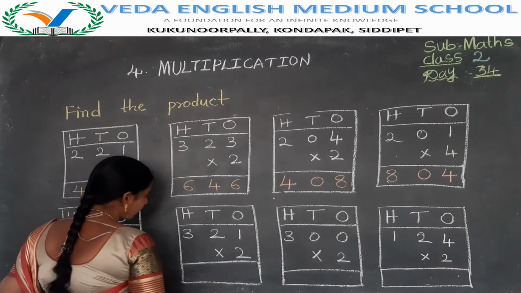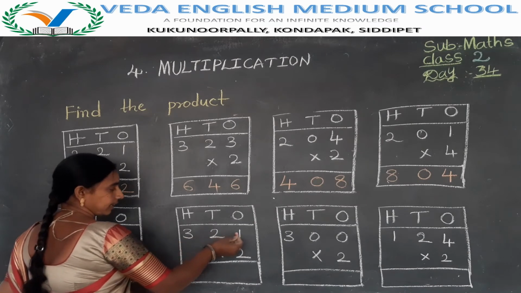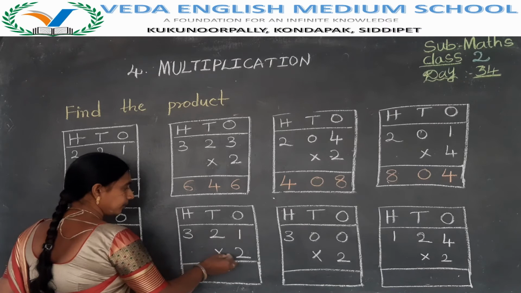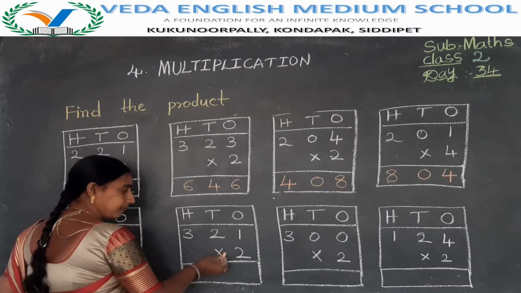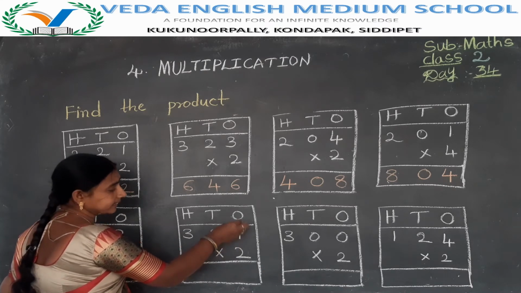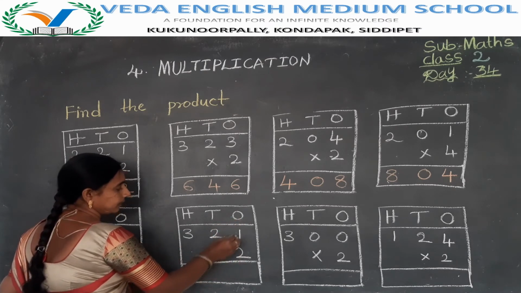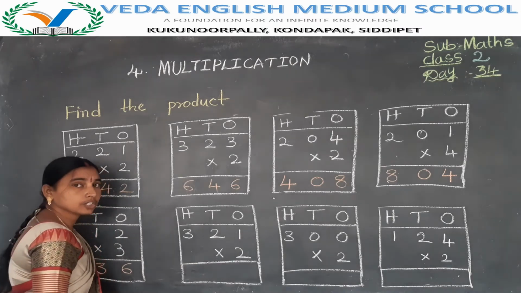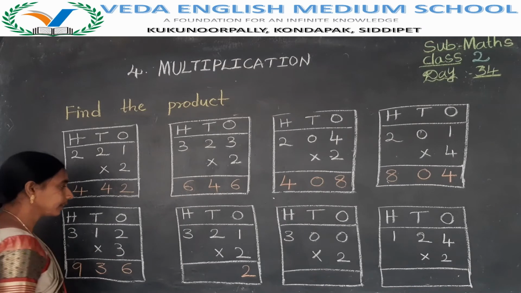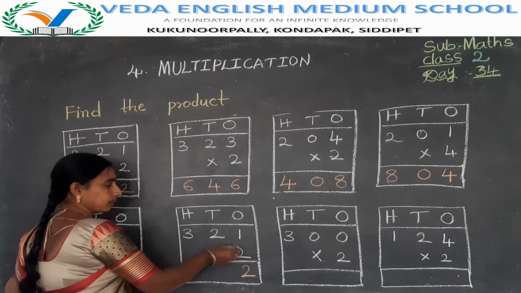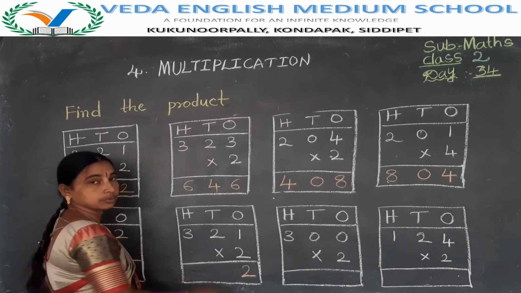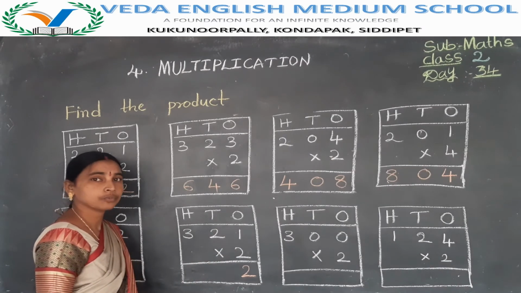Next. Multiply 321 by 2. Multiply digit 2 in the ones place by 1. That means 2 into 1. 2 ones are 2. So now write here 2. Okay. Multiply digit 2 in the tens place by 2. 2 twos are 4.